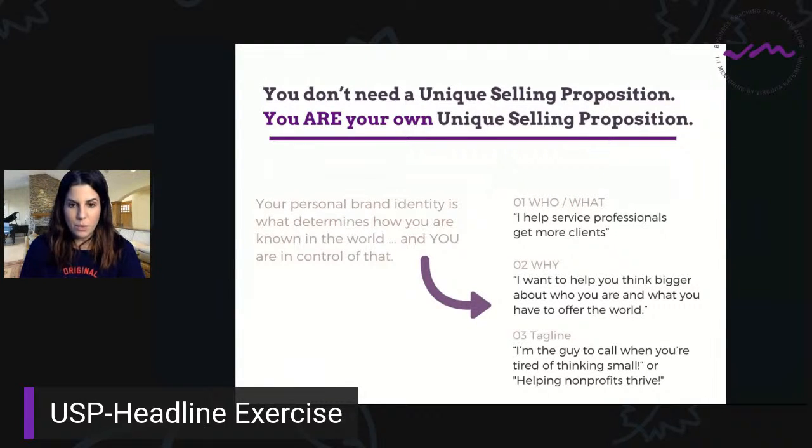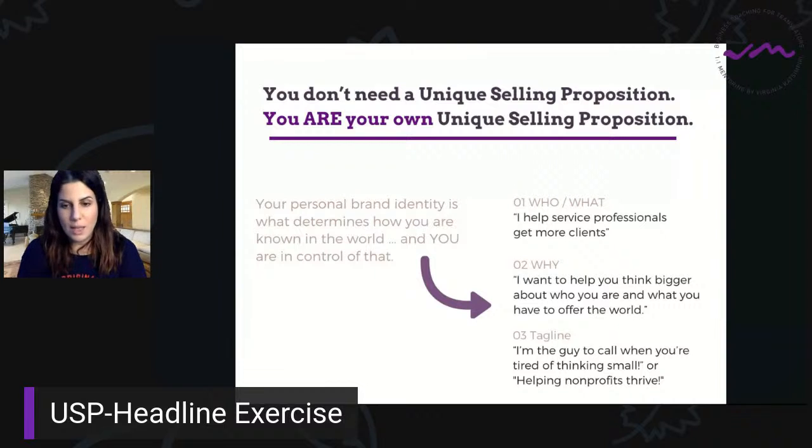It is the who and what. I help who, service professionals, to do what? To get more clients, okay? This is a who and what unique selling proposition. This is the why, the second one. I want to help you think bigger about who you are and what you have to offer. This is the why, okay?